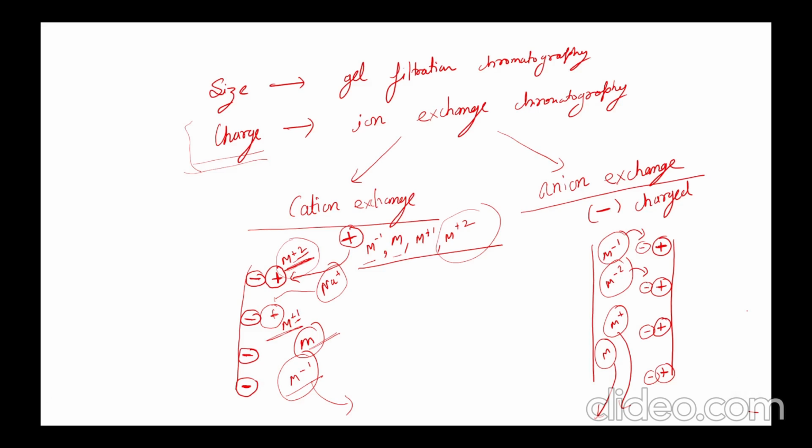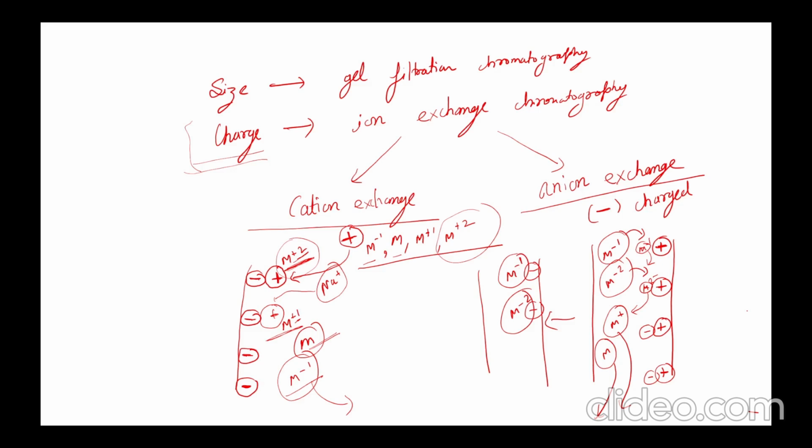So the already bound anion will be separated, and your particular protein of interest will go and bind. The first elute you take, this unbound material will come out, and only these ones will remain.